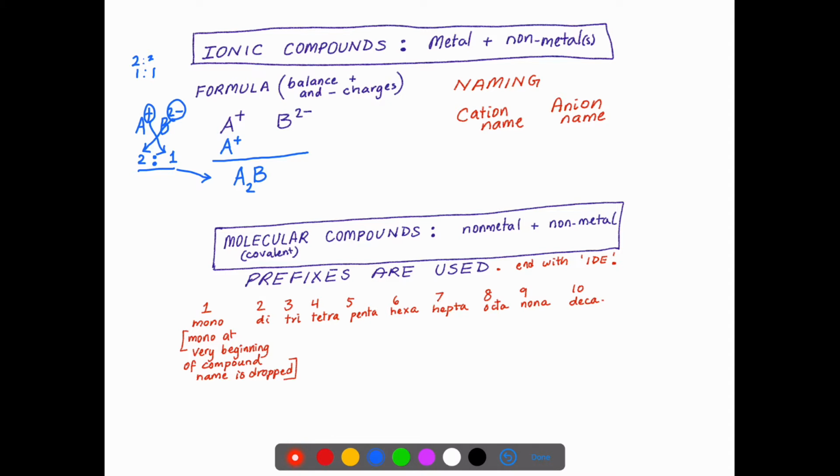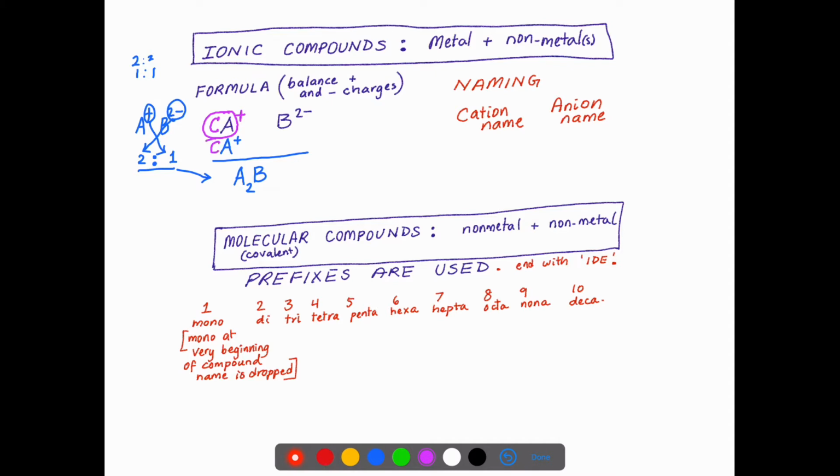Suppose A is a polyatomic ion. Let's say instead of A, you have CA. Okay, so this is a group of atoms, a polyatomic ion carrying a positive charge. Now how does the formula change?